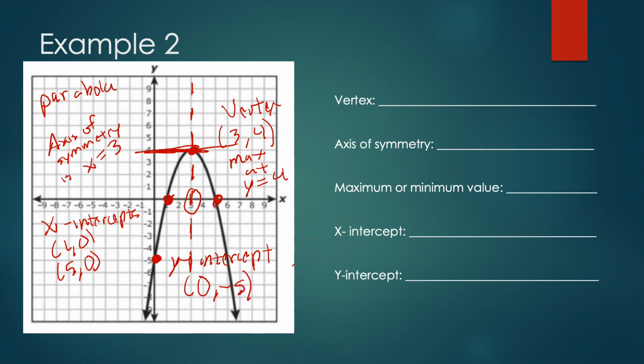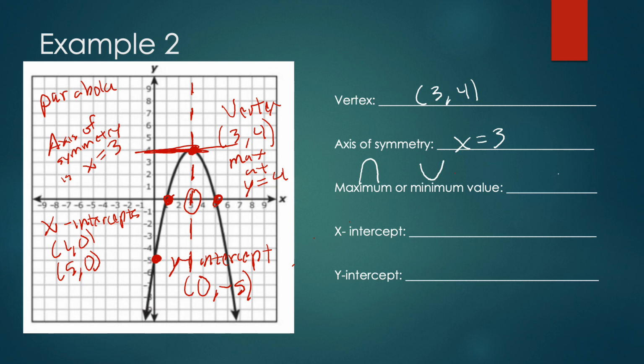Now I could go back and fill in all my blanks. So the vertex is 3, 4. Axis of symmetry is x equals 3, and again, it's always x equals. And then for maximum or minimum value, remember, concave down, maximum, concave up, minimum.